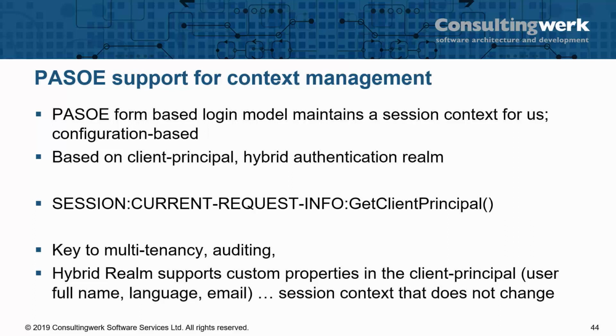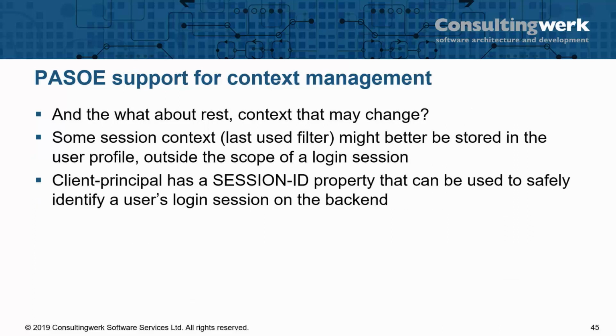We don't have to do anything for that. And it's based on client principals. Client principals were introduced in OpenEdge 10 point something for auditing first. And in newer releases, they are the foundation of identity and context management. So based on that, we can work with other contexts.